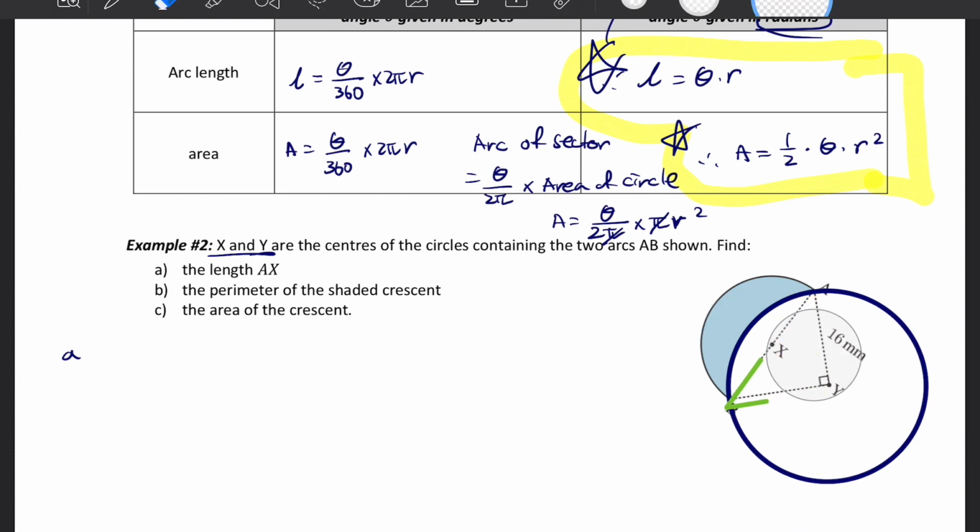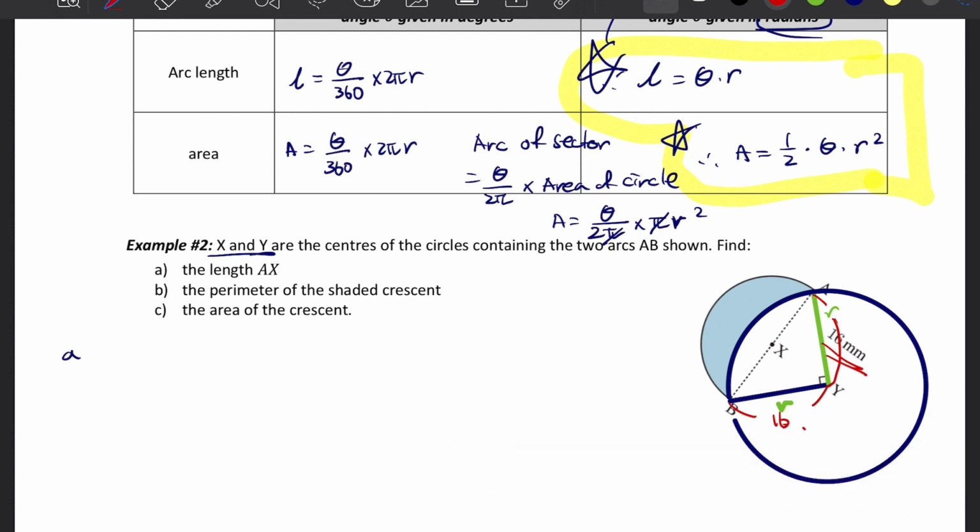So let's get rid of this green part. Then we can say that this line here and this line here are radii, right? Since this part is 16, we can also say that the length from B to Y is also 16.